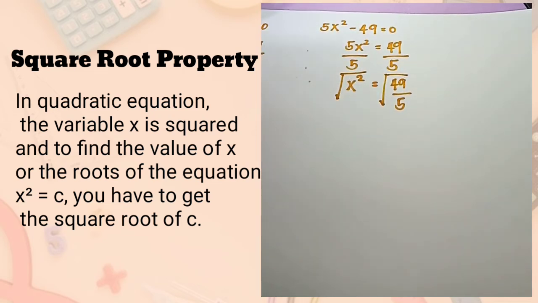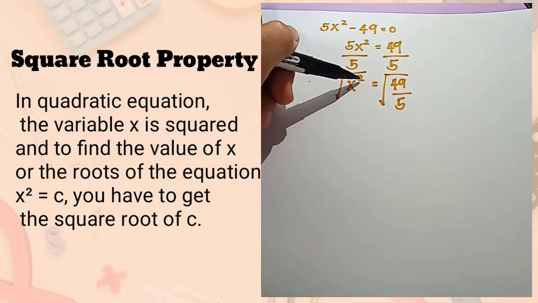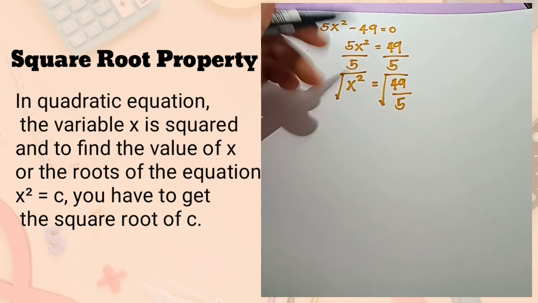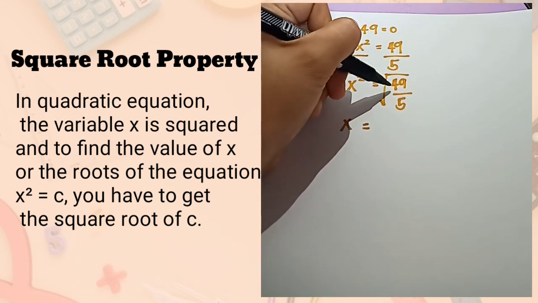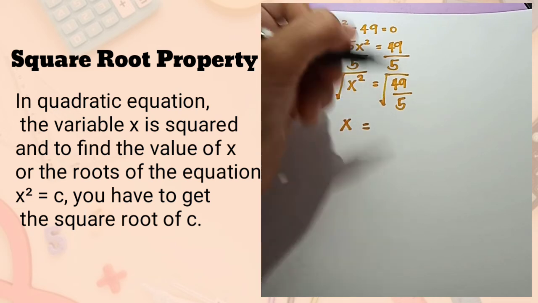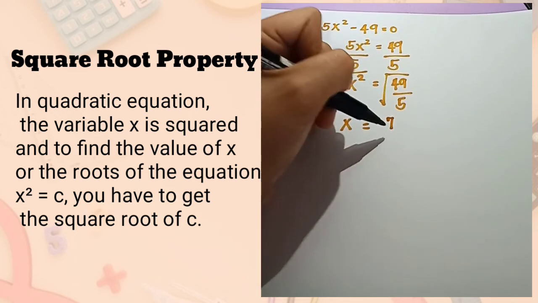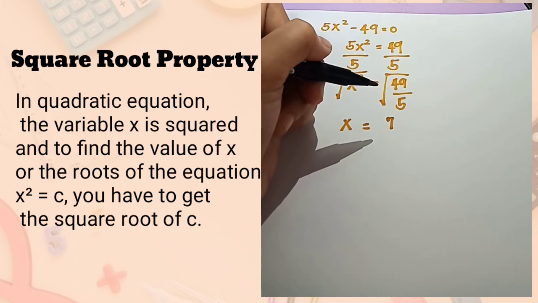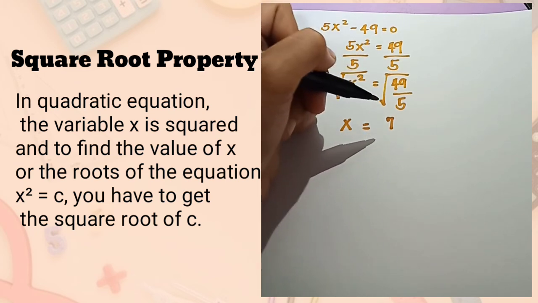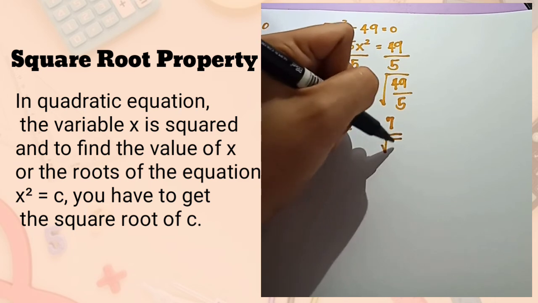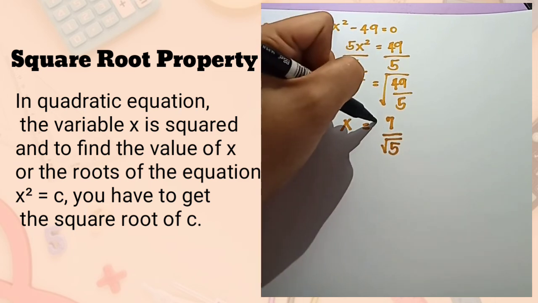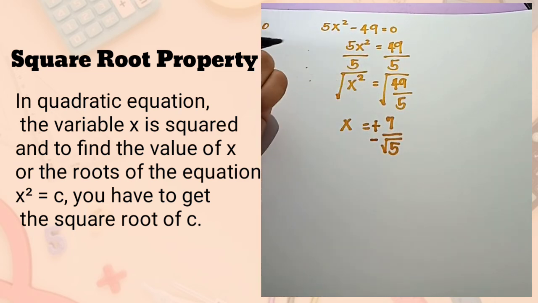Okay? Yan. So, square root of x squared ay equals to x. Then, square root of the numerator na 49, so equals to 7. Then, ang square root ng 5 ay square root of 5. Decimal, kaya isusulat na lang natin siya na square root of 5. So, isa pa ding positive at isang negative siya.